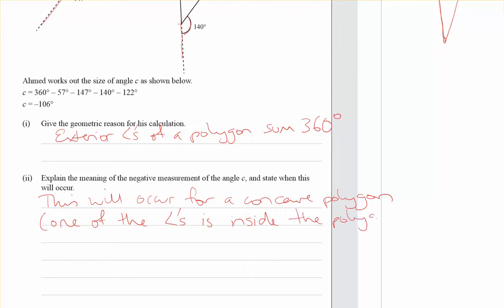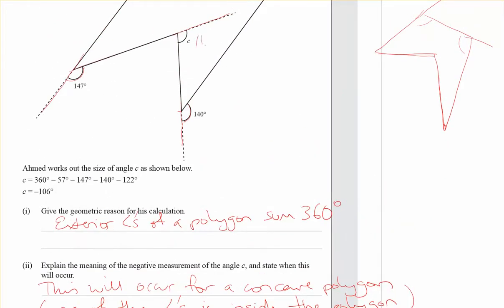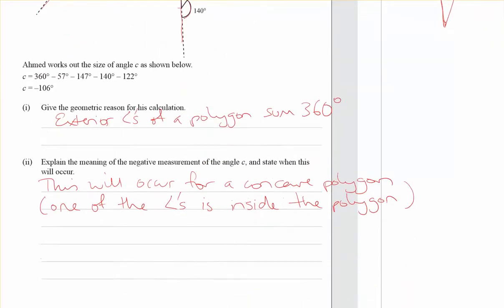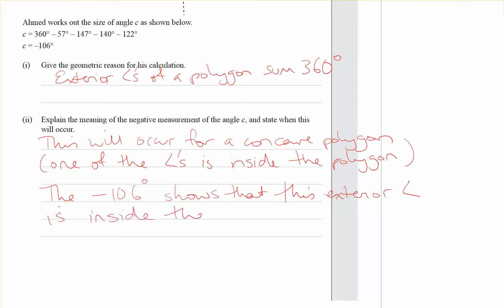If you don't remember the word concave, you could explain it. Angle C is clearly, obviously, positive 106. The negative 106 shows that this exterior angle is inside the shape.